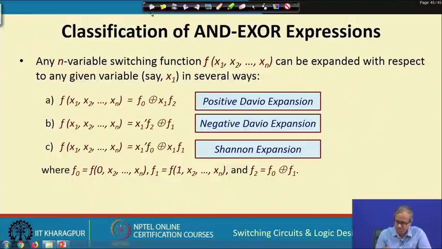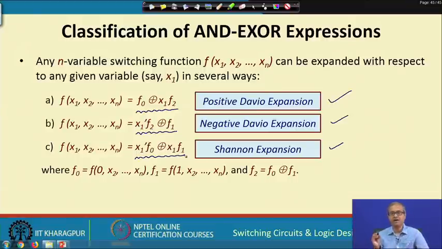Now, with this notation the positive Davio expansion says that the function can be written as f 0 exclusive OR x 1 f 2. Negative Davio says it can be expressed as x 1 bar f 2 XOR f 1, and Shannon expansion says x 1 bar f 0 XOR x 1 f 1.